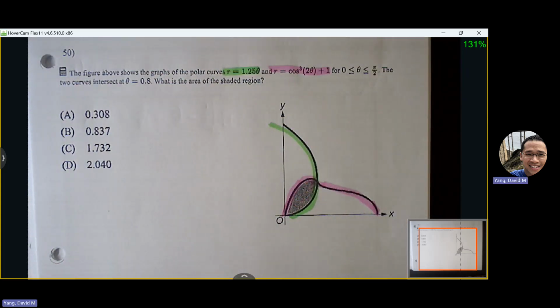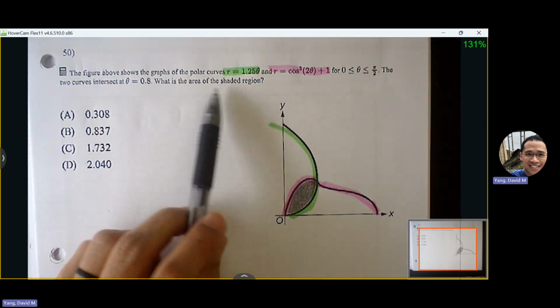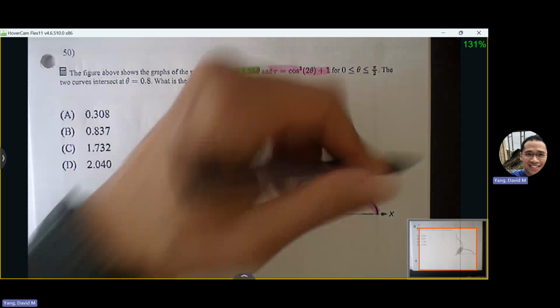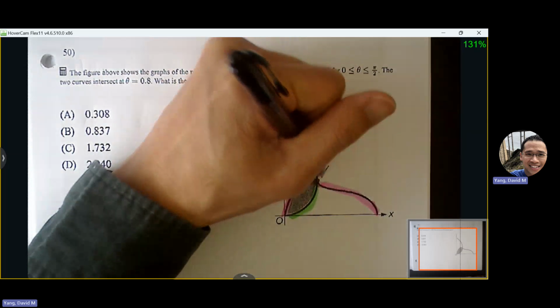We're trying to find the area of the shaded region. It's nice they tell us that the two curves intersect at theta equals 0.8. So there's our intersection.